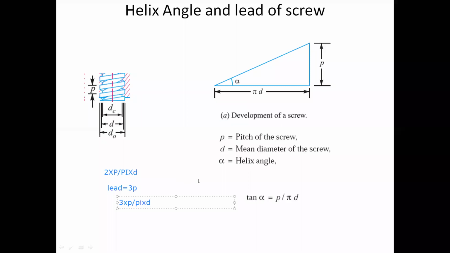Tan of alpha equal to 3p divided by pi into d. Okay. So this is all about single start, double start, and triple start, and helix angle relationship. So this relationship gives us the relationship between helix angle and the mean diameter of the screw. So pitch, the mean diameter, and the helix angle have this relationship.